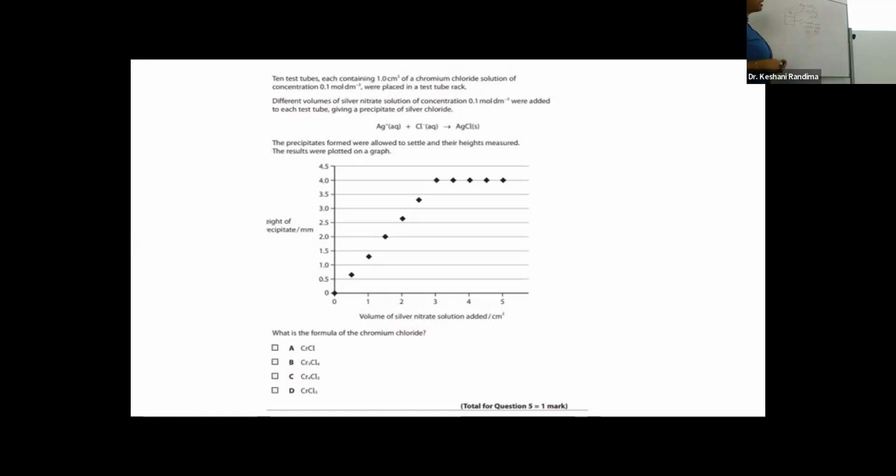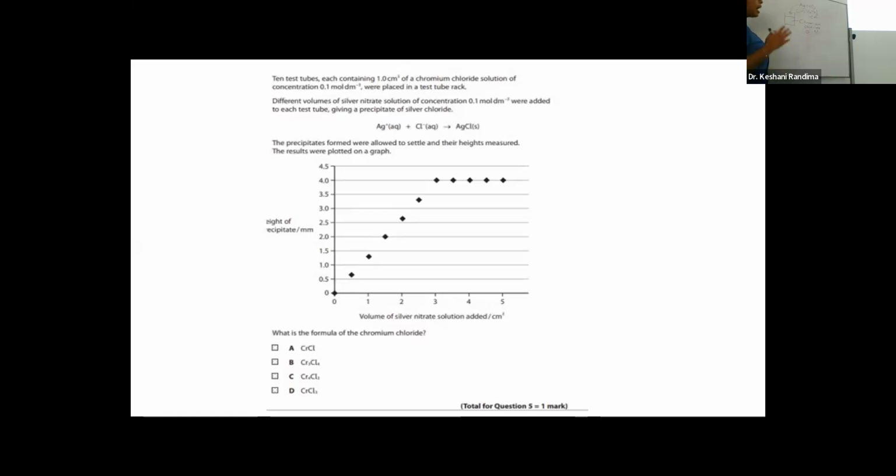From that graph, you can see that at 3 cubic centimeters of silver nitrate, the precipitate is 4 millimeters high. And beyond that, the precipitate height stays the same.